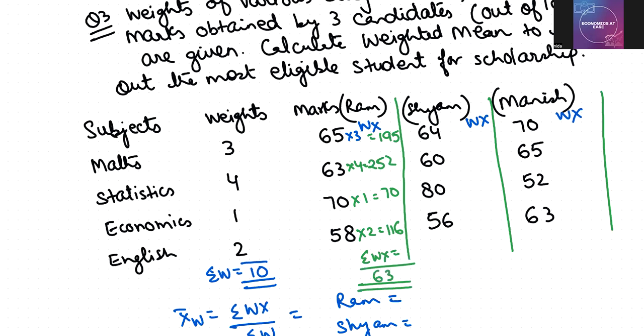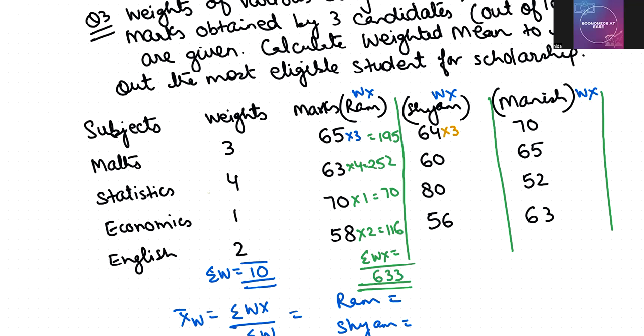Okay. Now अब let's see here, श्याम का कितना आ रहा है? 64 into 3. ठीक है. Would be more easy for you to understand. Okay.